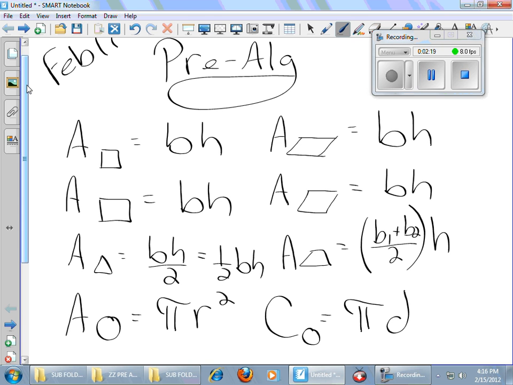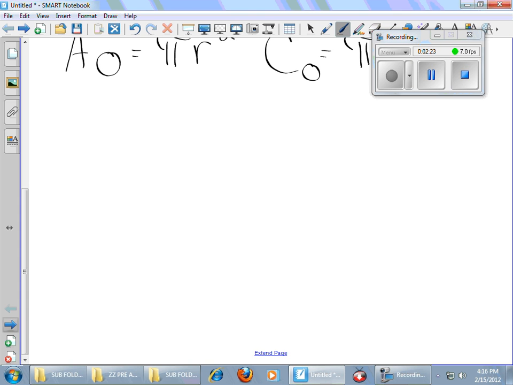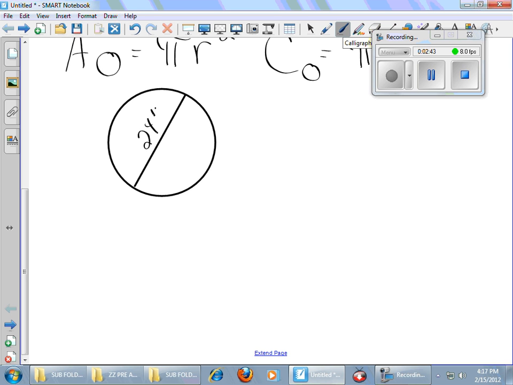A couple of things I want to highlight is that when you have a circle, you have to be careful as to whether you know the diameter or the radius. They are not the same thing. In this problem here, I know that this segment is 24 inches long.